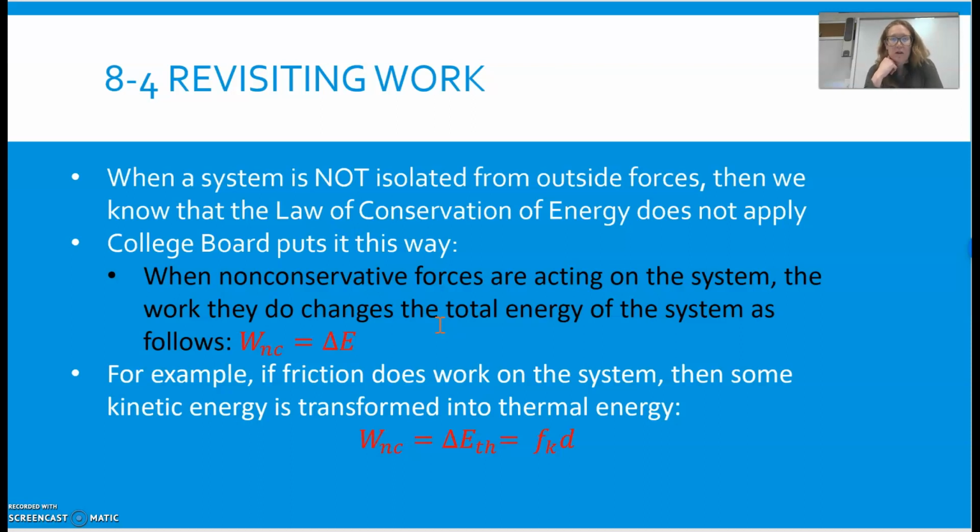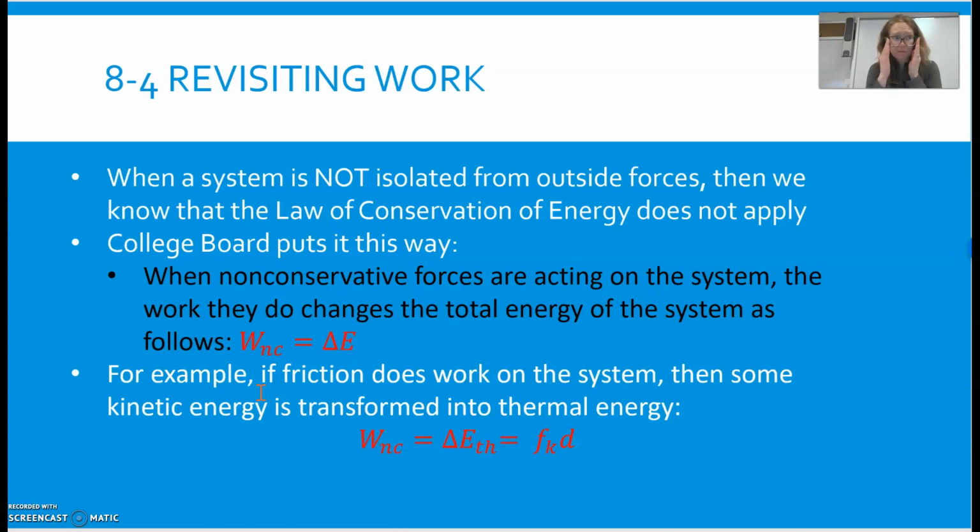For instance, when there's friction, this is why you rub your hands together, you're transforming kinetic energy into thermal energy. We know friction is a non-conservative force. So that change in kinetic becomes change in thermal.